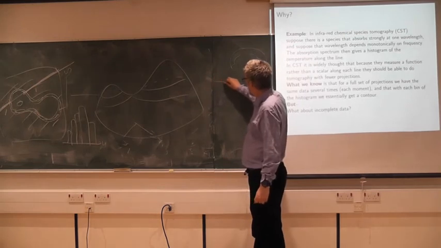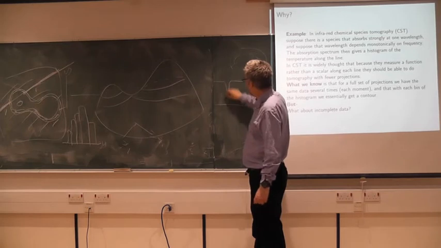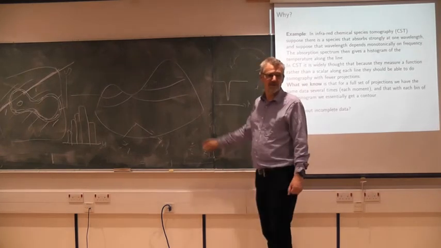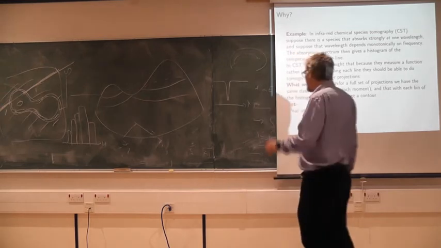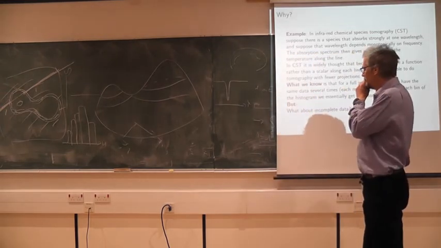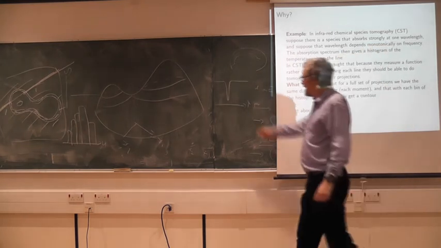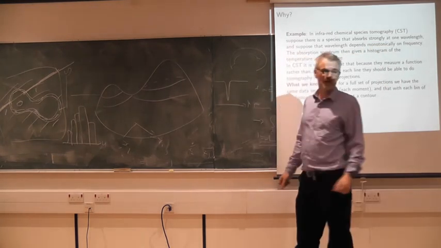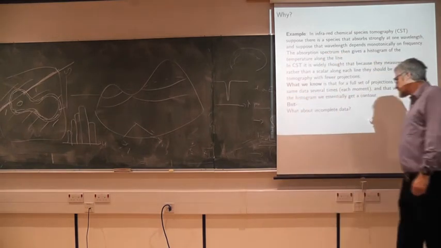So this is the wavelength, and it's absorbed in this band. Say water absorbs in this band. When you put in light at that frequency, you just get the amount of water in the path. That's pretty much it.